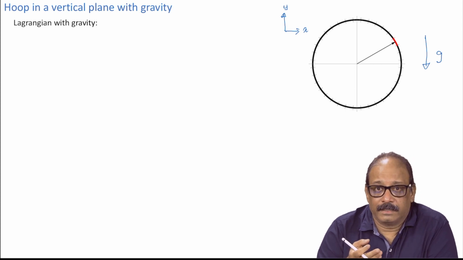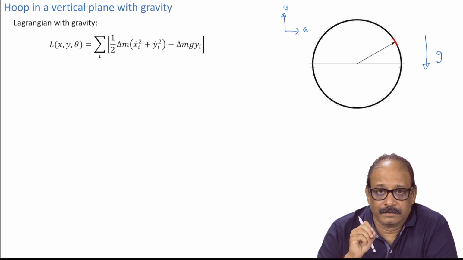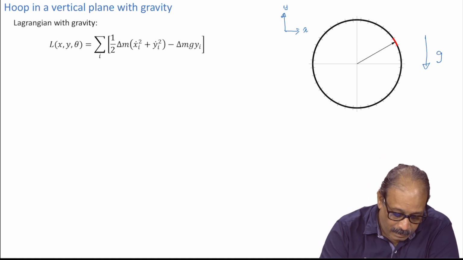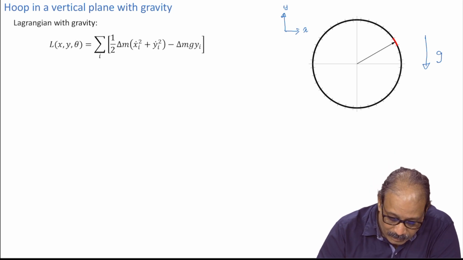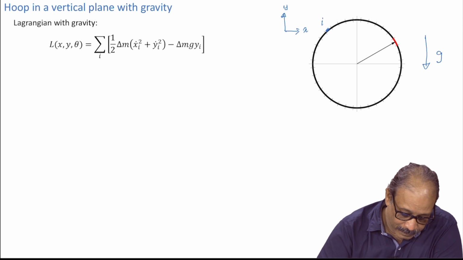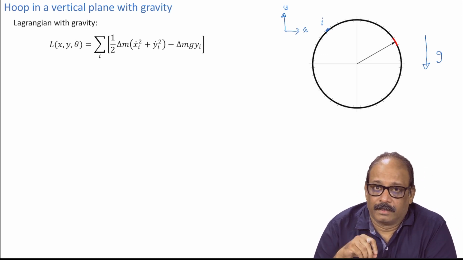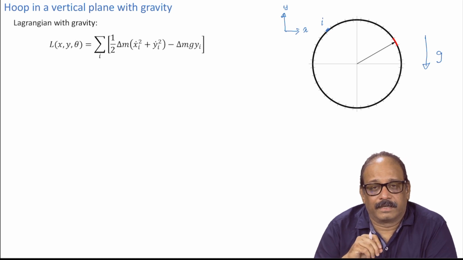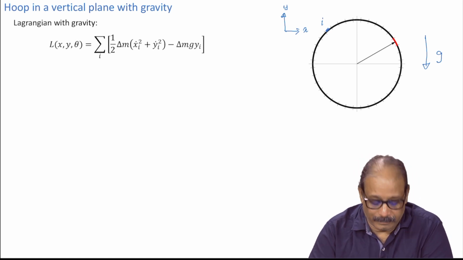Now, let us write down the Lagrangian. The Lagrangian for each segment is half delta m, where delta m is the mass of each segment. I am looking at the ith segment here, this one, and for the ith segment the mass is delta m, and then the speed of the ith segment squared is x_i dot squared plus y_i dot squared, and minus, of course, the gravitational potential, which is delta m times g times y_i.